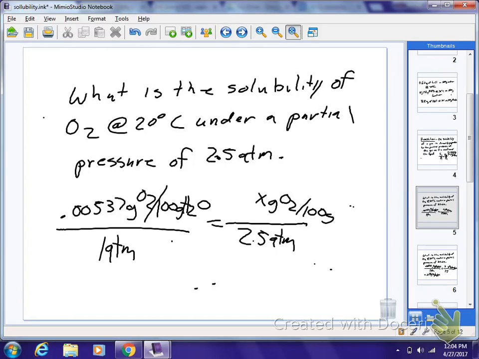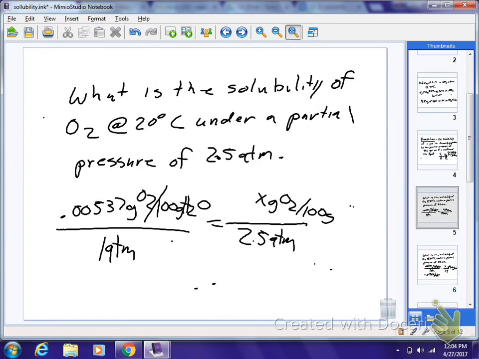What's the solubility going to increase by? 2.5 times. It has to be directly proportional. So you can set it up, but if you know it's 2.5 times greater, you just multiply by 2.5. That's all you have to do. Multiply by 2.5, and you got your answer.